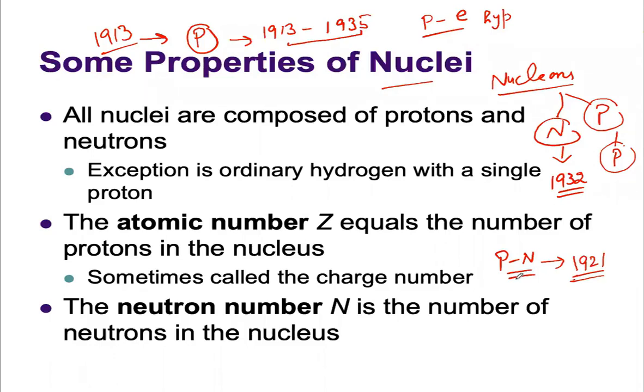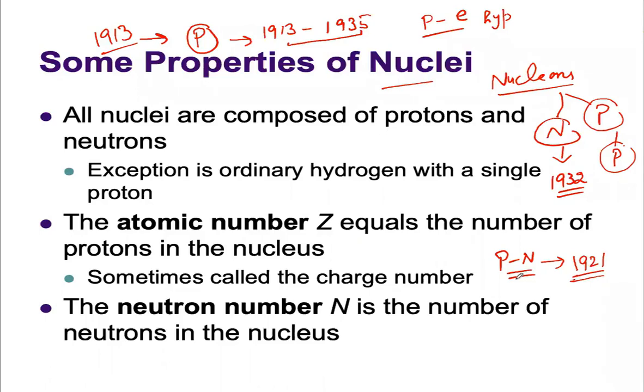After the discovery of the quark models, there are other particles, like the muons or the pions, which are also present within the nucleus, binding the nucleons closely to make a stable nucleus.